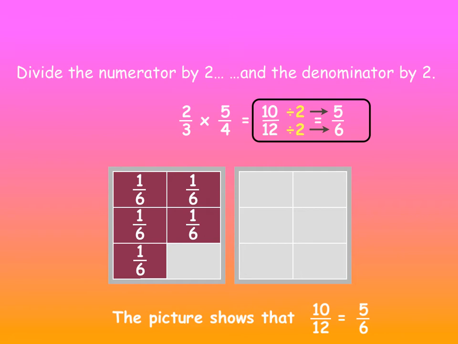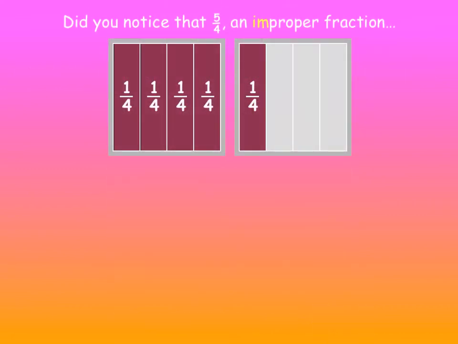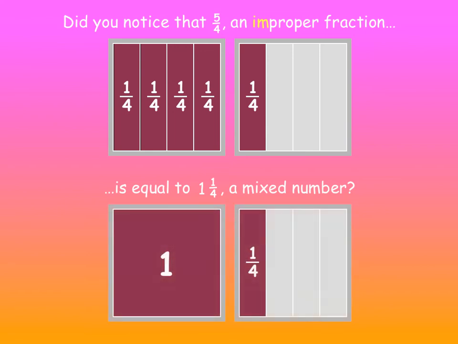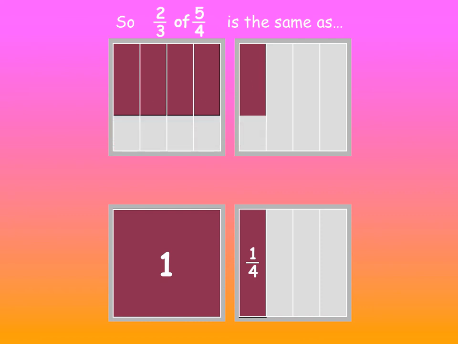They're equal. 2/3 of 5/4. When you reduce the end product, it's 5/6. Did you notice that 5/4, an improper fraction, is equal to 1 and 1/4, which is a mixed number? So 2/3 of 5/4 is actually the same as 2/3 of 1 and 1/4.